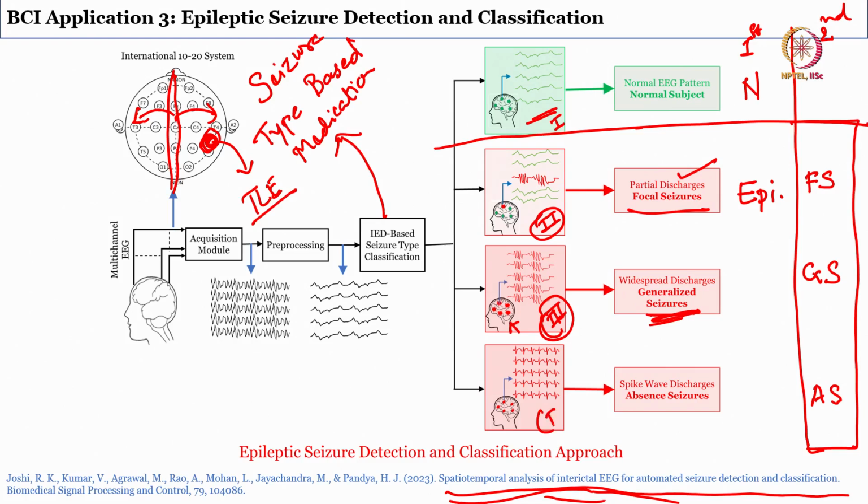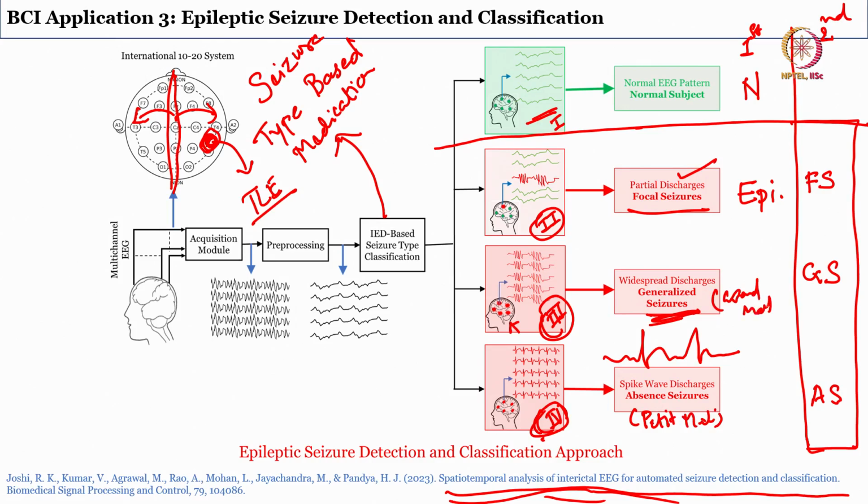For the fourth thing, it is slightly different. Again, it seems like a generalized seizure, but as I mentioned, the pattern is the hallmark for absence seizure. Okay. Again, there are different names. Absence seizures can also be called petit mal. Okay. This can also be called grand mal.